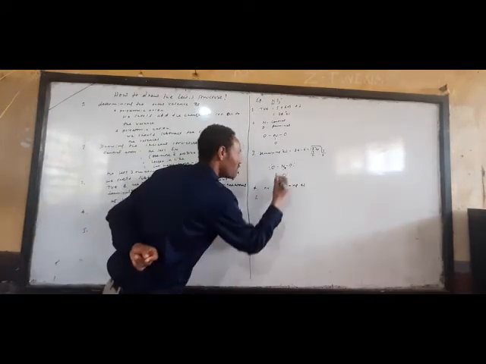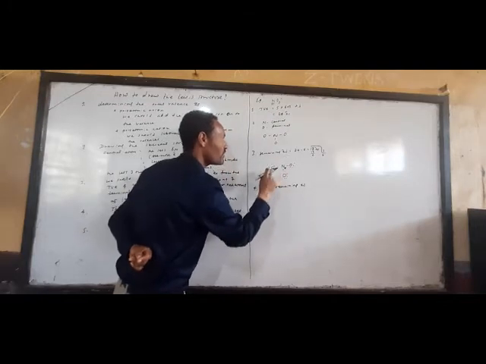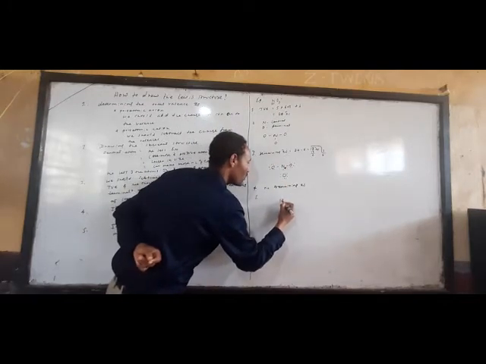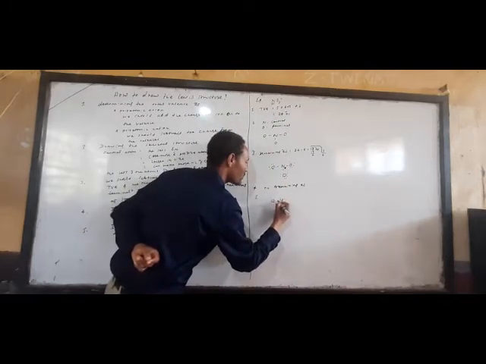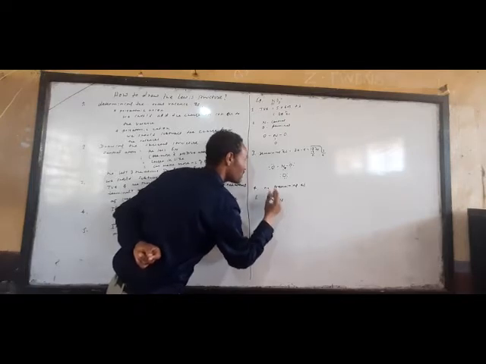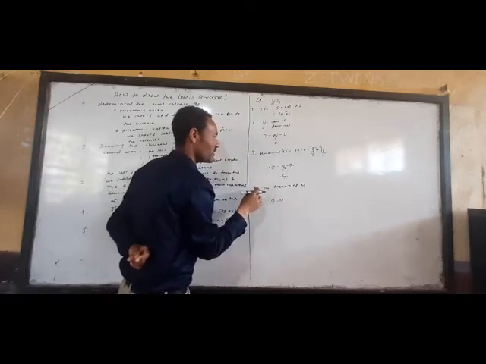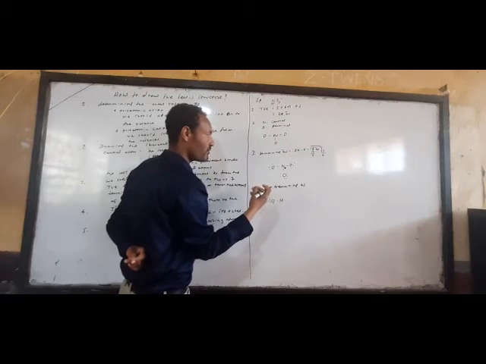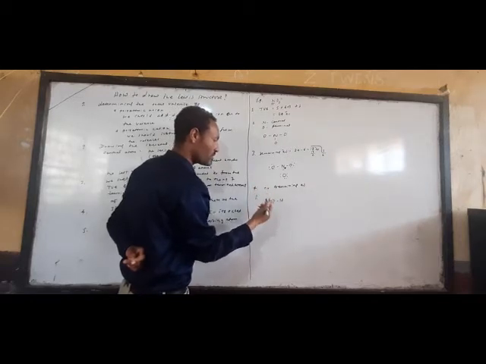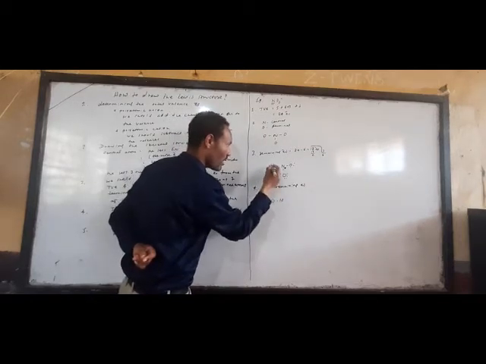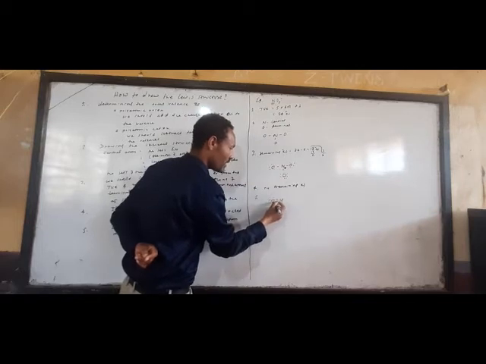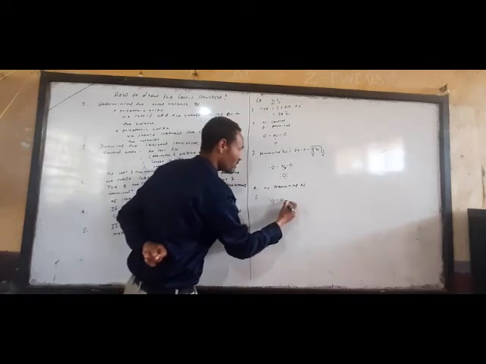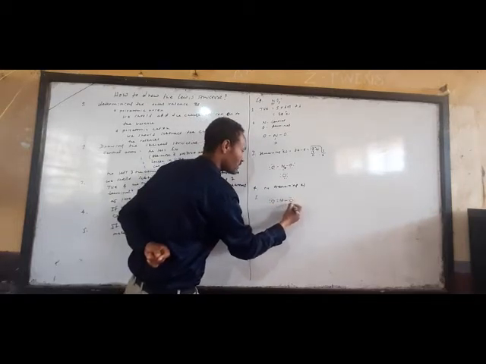So we should make a double bond with one of the terminal atoms. Here oxygen has 6 lone electrons, that means 3 lone pairs. So one of the lone pairs should make a multiple bond with nitrogen, and it becomes just like this.